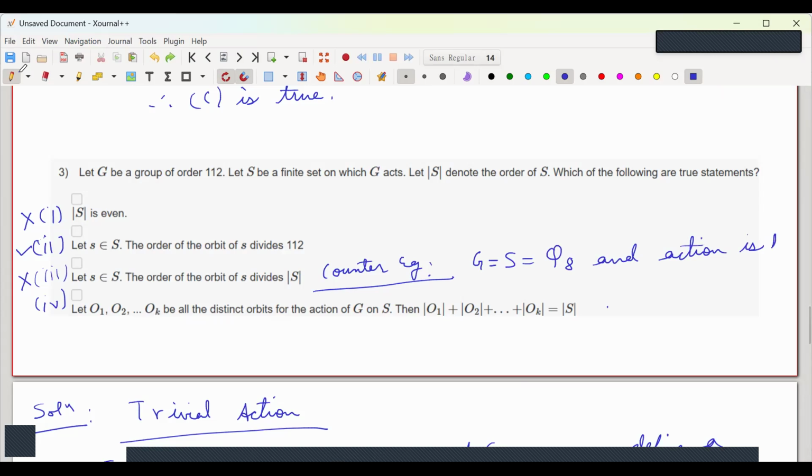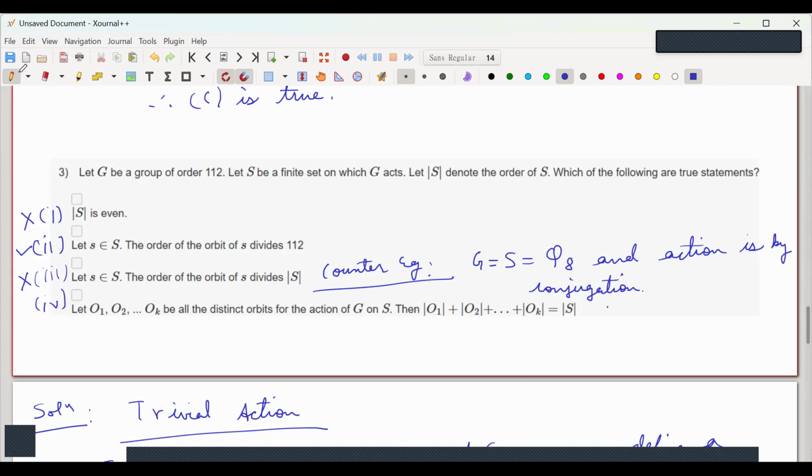We have already seen that in this case the number of elements in the class equation won't divide, but this is something else. This won't work as a counterexample, perhaps.